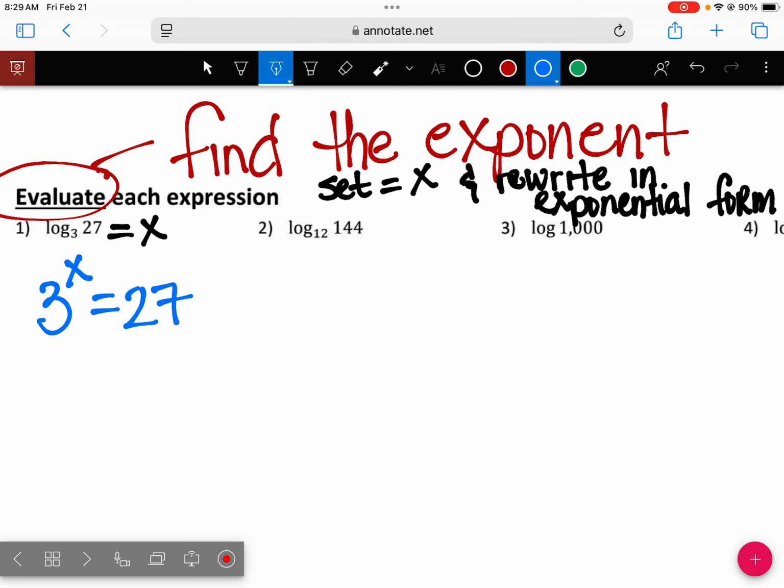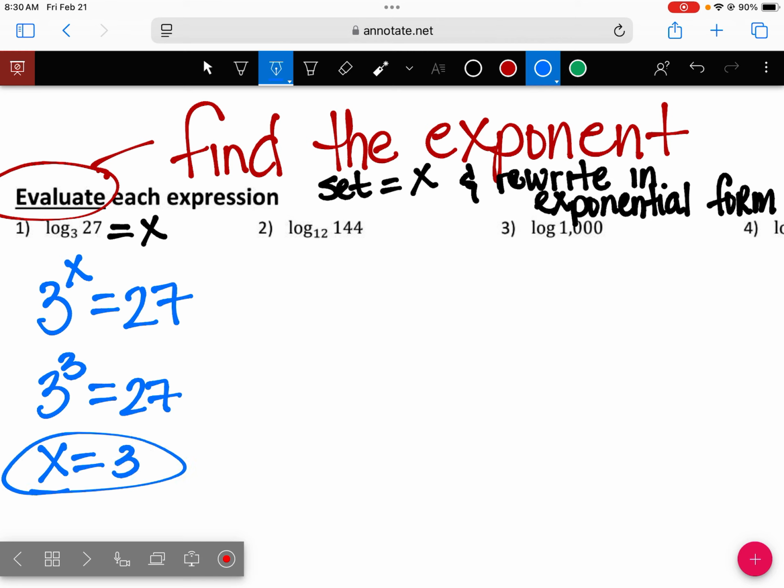Give me a thumbs up when you figure it out. I'm not going to call on you, I just want to see. Show me with your fingers what exponent you came up with. You're right, it's 3. If you type in 3 to the power of 3, you do get 27. So x equals 3, and that is my answer. When you're asked to evaluate, you have to find the missing exponent.